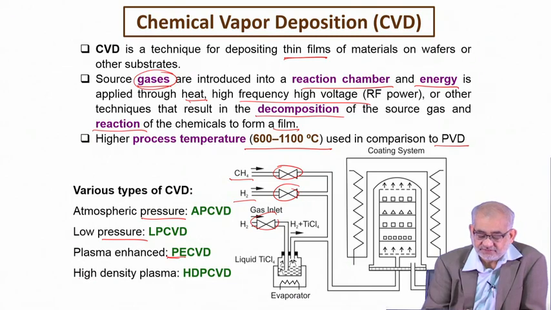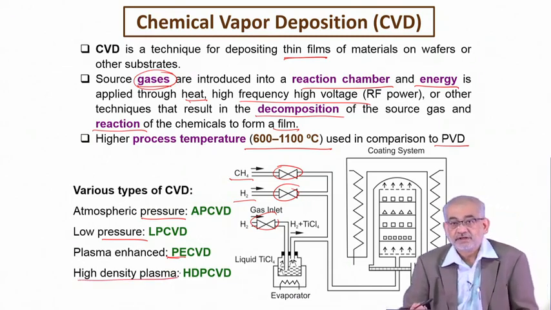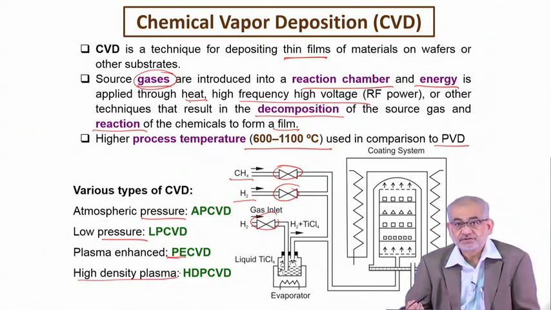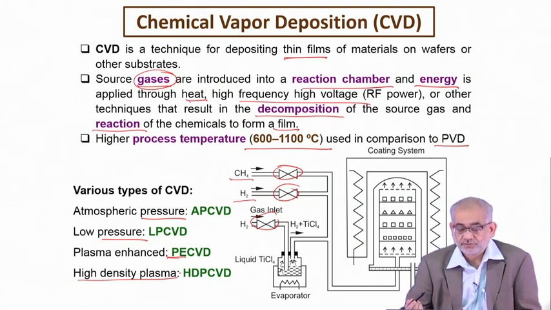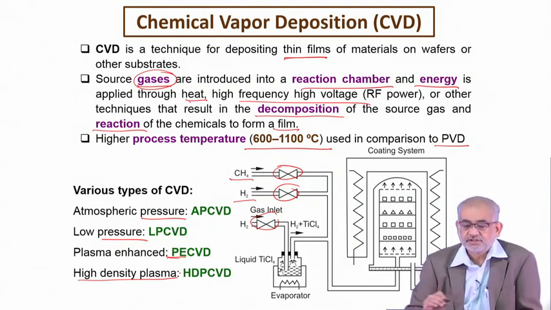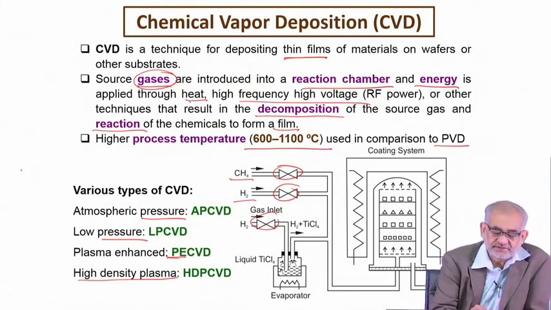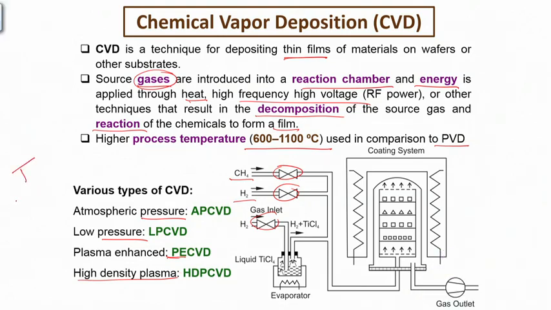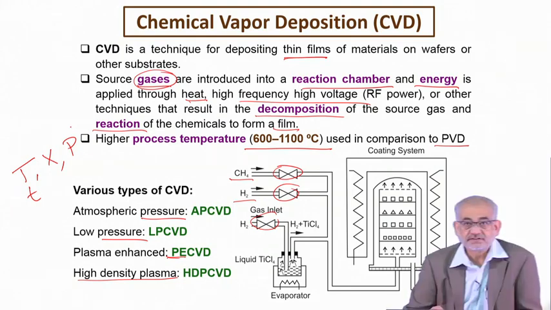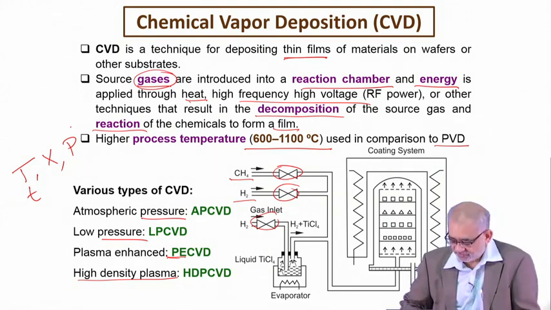We can even create a fairly high density plasma where we intend to produce not only thicker but also more complex films. So all these variations are possible. The variables are the temperature, the composition, the pressure, and of course the time. All these are major important parameters for the CVD process.